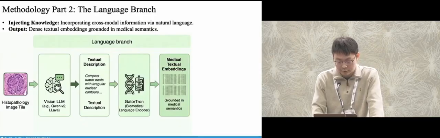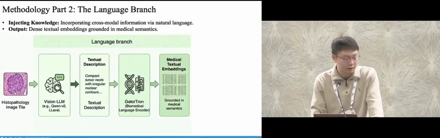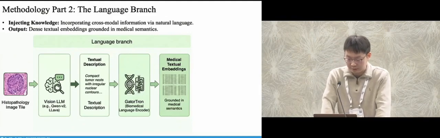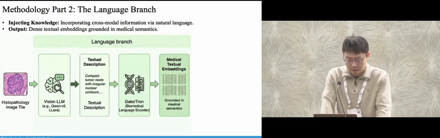This is the language branch, designed to inject that missing pathological knowledge. We employ cutting-edge vision language models, such as Qwen or LLaVA. We prompt them using general instructions to describe the tile's morphological and pathological features in detail. This effectively transforms the abstract visual content into semantically meaningful text.